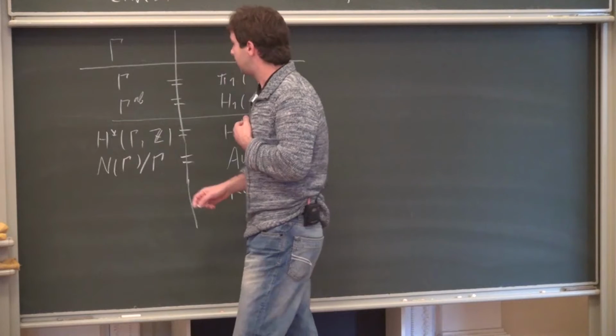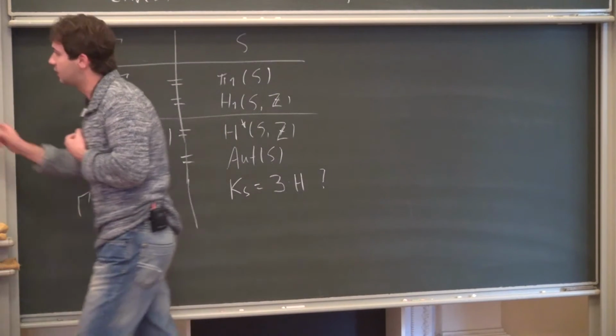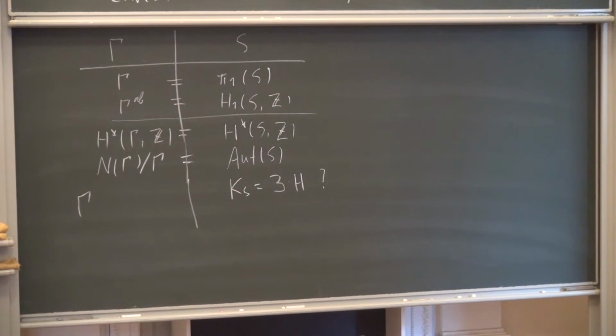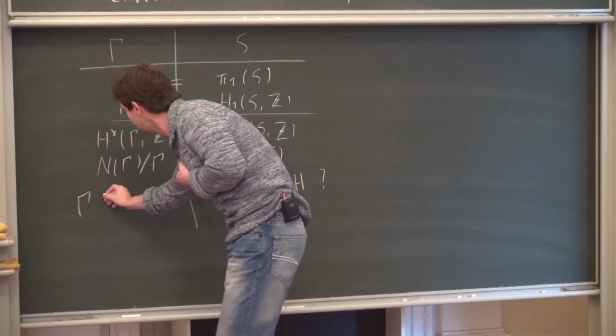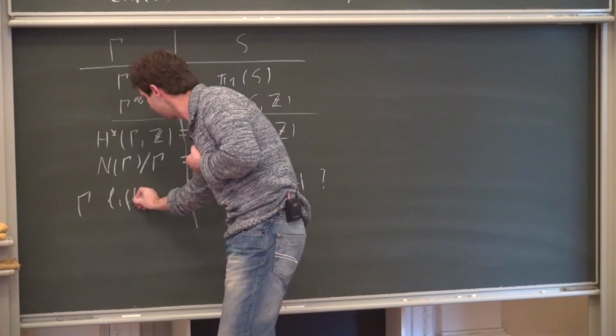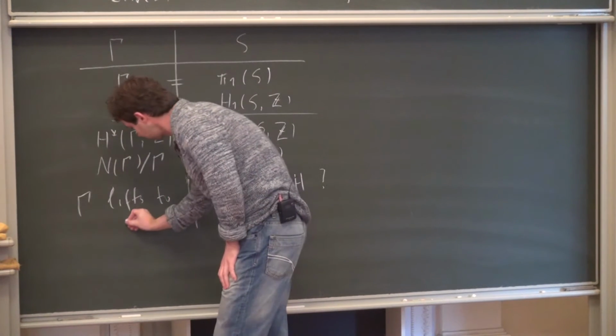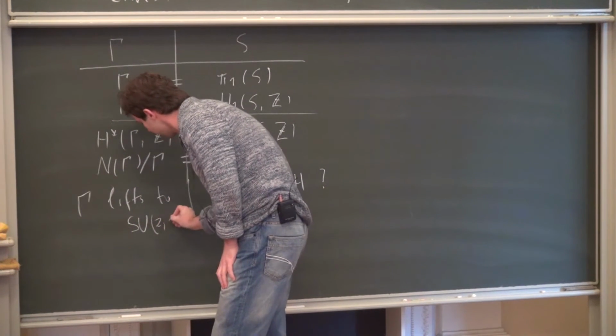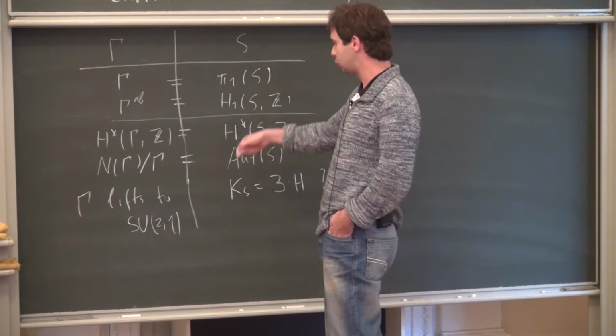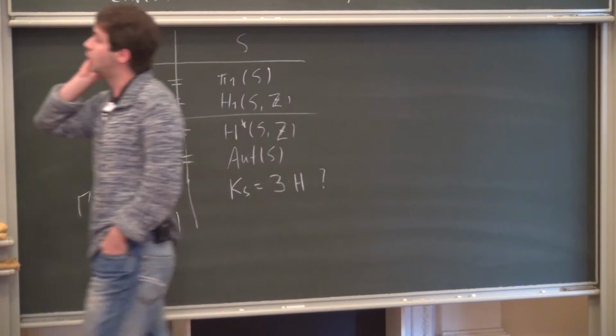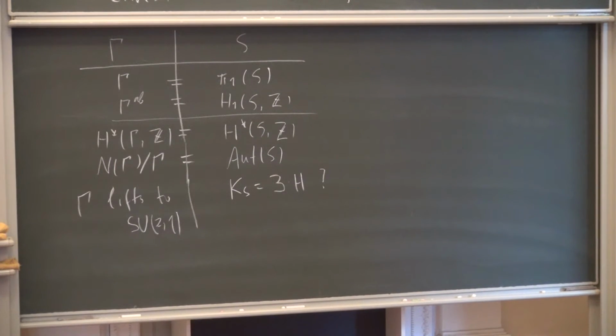And this corresponds to the fact that gamma, which is sitting in PU(2,1), actually lifts to SU(2,1). So that's what it takes to descend O(-1) from the ball to the quotient. It means that O(-1) must be linearized.